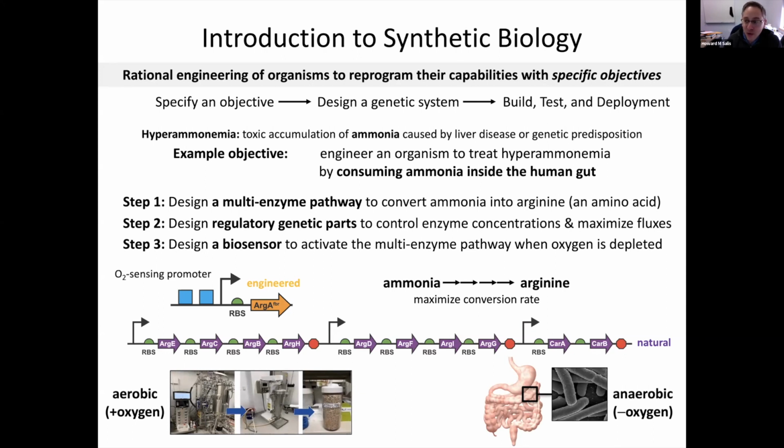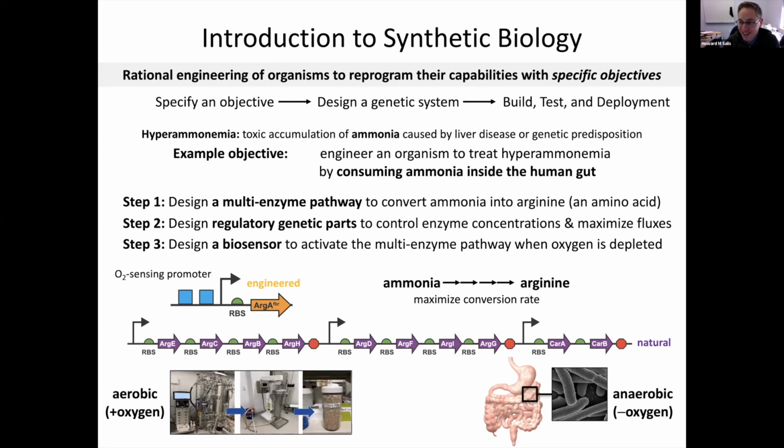And so you can actually engineer a probiotic bacteria to consume ammonia in the gut. And there is a way that that consumption process can actually lower the accumulation of ammonia in the blood. And how do you do that?